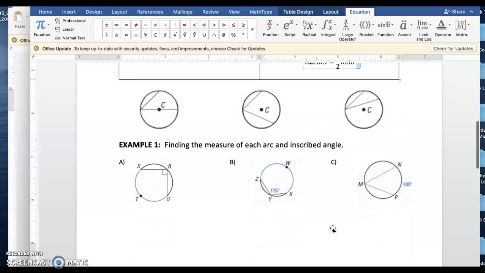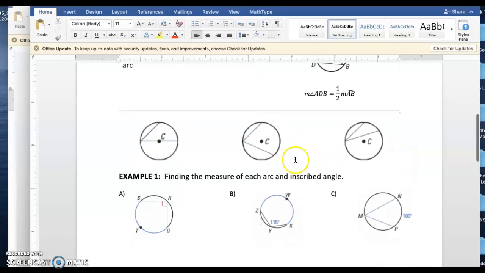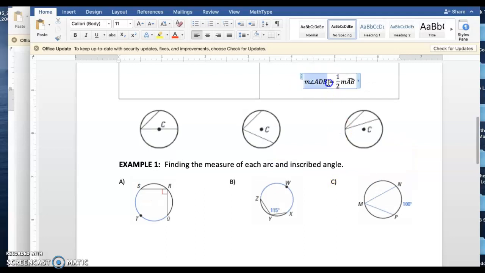So to start out finding the measures of these arcs or indicated measures, let's start with letter C, since that goes more along with the rule that we just learned up here. I'm just going to use this to copy and paste so I have different arc lengths.